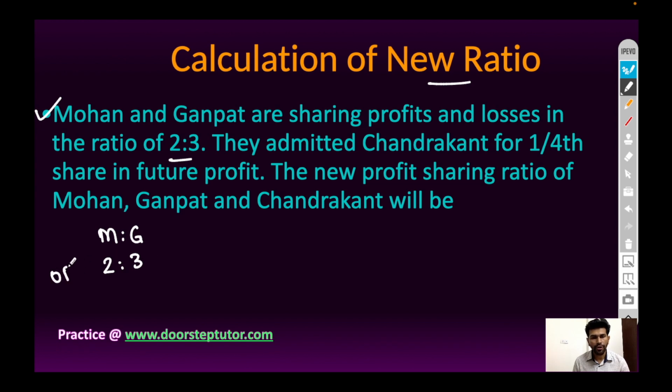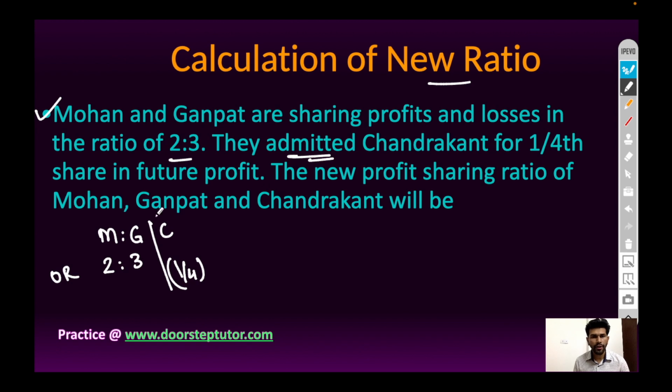So old ratio is 2:3. They admitted Chandrakant. Now Chandrakant is an incoming partner. This is the case of admission. They admitted Chandrakant for 1/4 share in future profit. Chandrakant will share 1/4 of total profit.